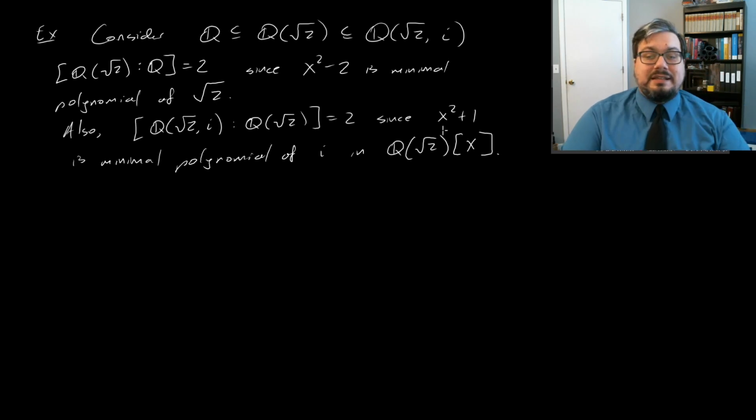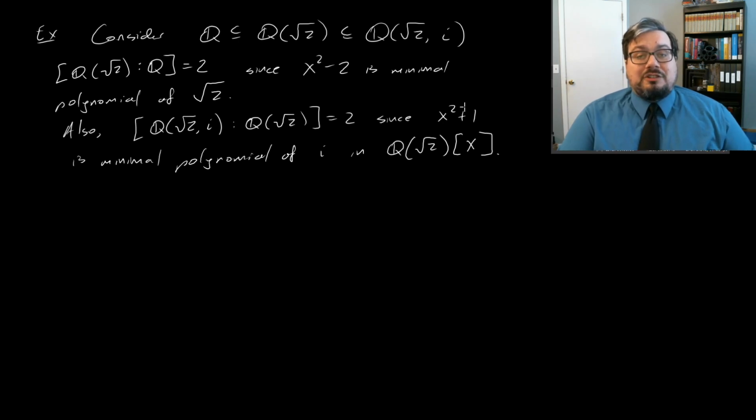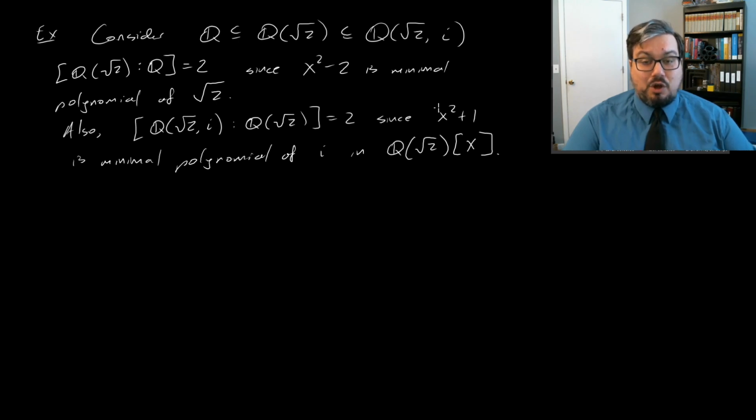And in this case, we can see that x squared plus 1 is still a polynomial that has I as a root when considered over the field Q(√2). And so we just need to show, is this a minimal polynomial? And because it's degree 2, the easiest way to do that is just to show that it has no roots in Q(√2).